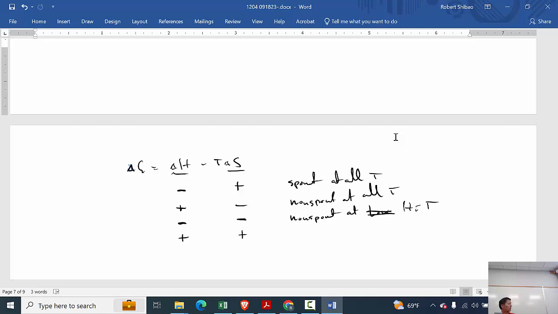The entropy is favorable, but the enthalpy is not. We can make this spontaneous. This one is non-spontaneous at high temperature, spontaneous at low temperature. This one is spontaneous at high temperature, non-spontaneous at low temperature.